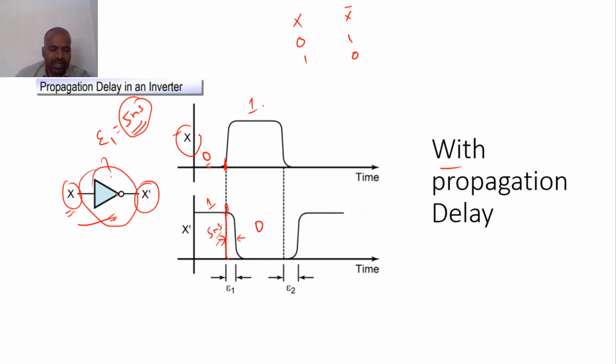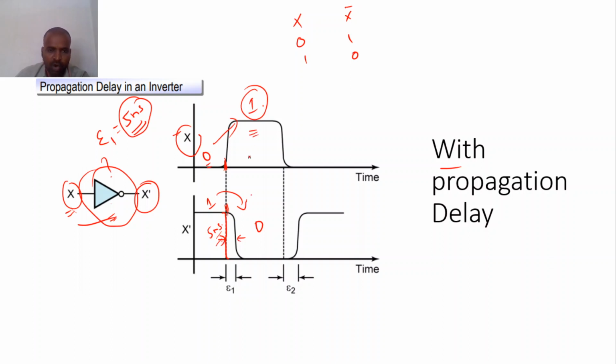Whenever the device has some delay, the output will be delayed. It depends upon the timing of the particular gates. So here the NOT gate has a 5 nanoseconds time delay. When I change my input from 0 to 1, my output changes from 1 to 0, but it will take 5 nanoseconds to change.